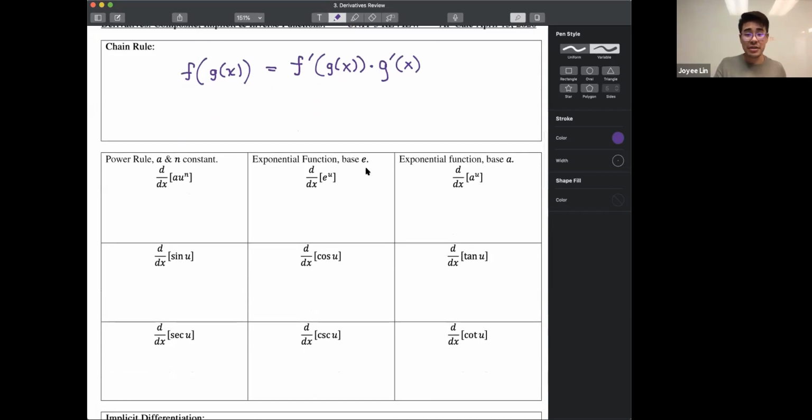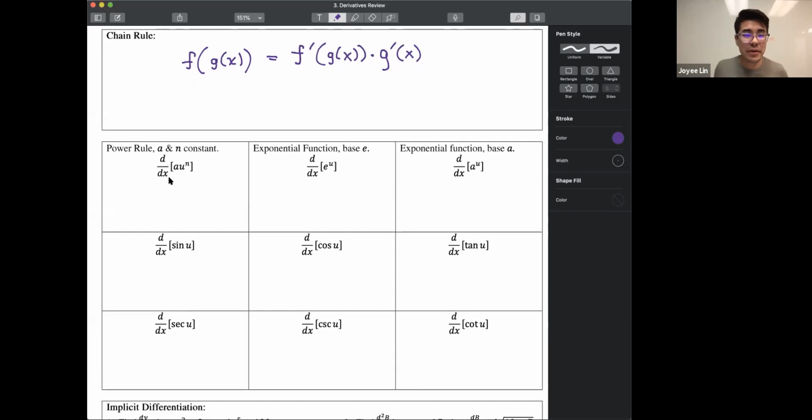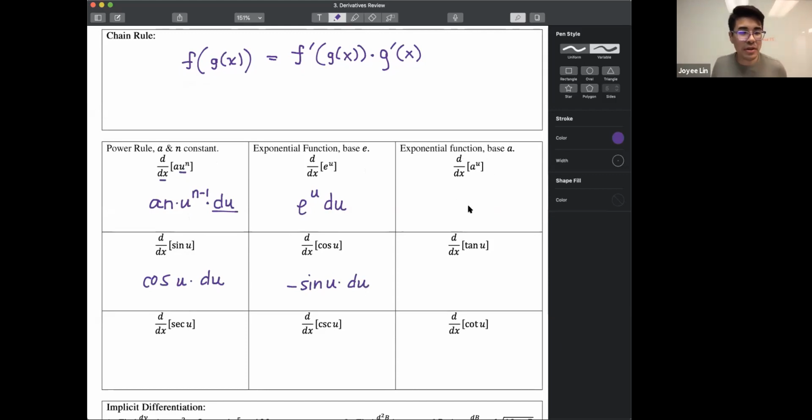For a lot of these, this is slightly different. Now we have a derivative with respect to x, but our function is in terms of u. So power rule would be a n times u to the n minus 1 du, or u prime, depending on which one you use. This would be another version of chain rule. So e to the u would be e to the u du. Sine of u would be cosine of u du. Cosine would be negative sine of u du. Does anybody remember how to take the derivative of an exponent?